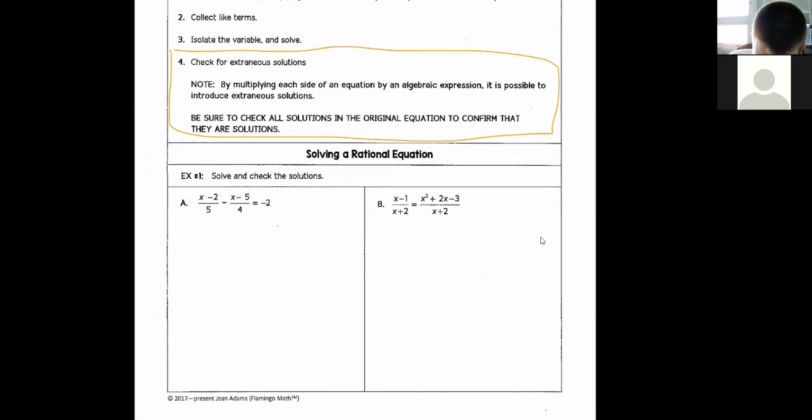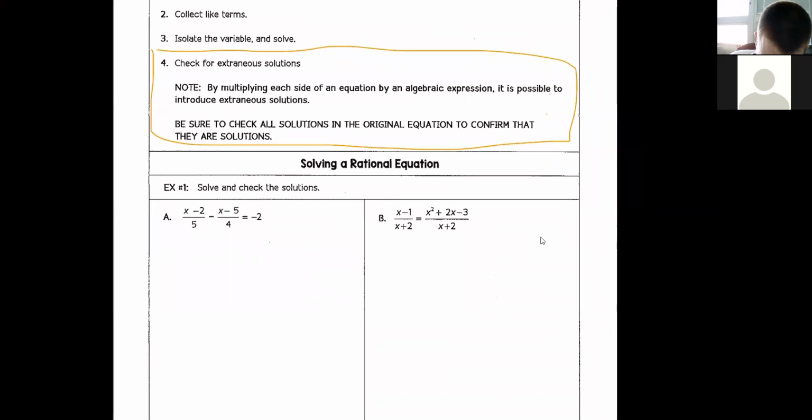For this problem, we've got some fractions. We really want to think about what our least common denominator would be. Since we just have numbers, I'm looking at 5 and 4. Sometimes there might be a smaller number you can think of, but one way to get a common denominator is just multiply those by each other. 5 times 4 would be 20, so both of those numbers are going to go into 20.